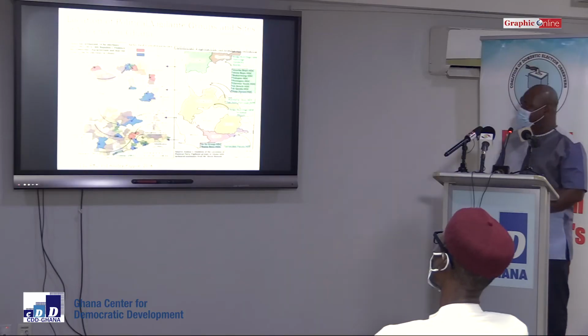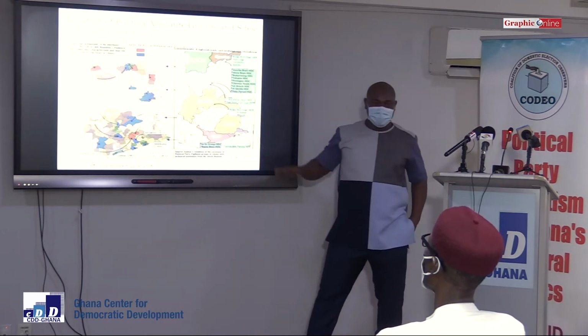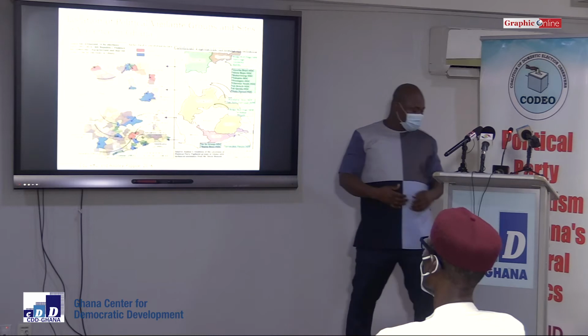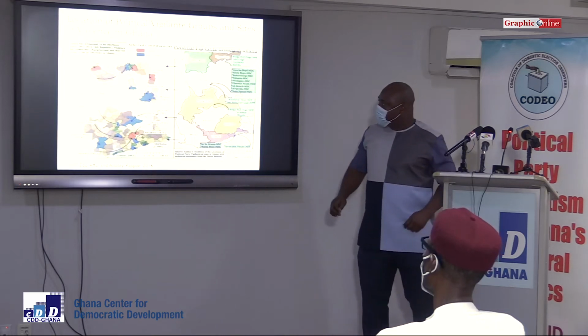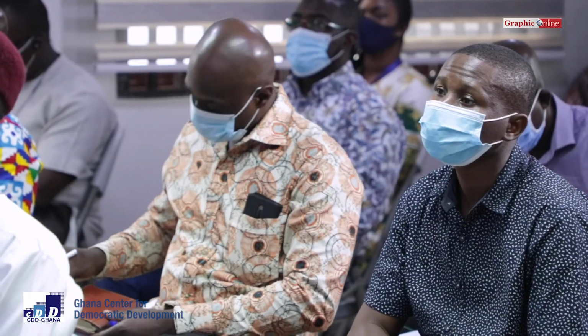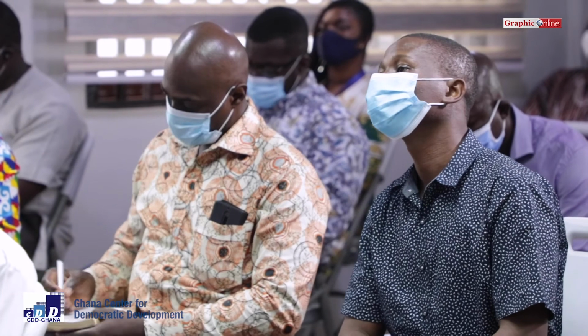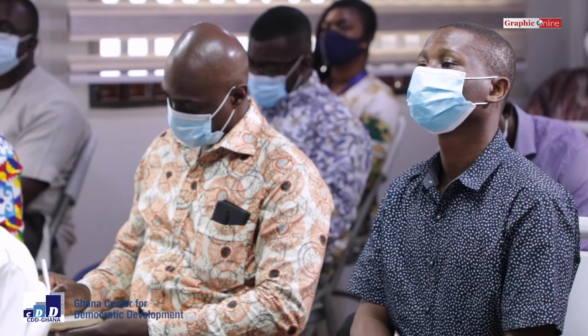This one is showing some of the by-elections that we have run since 1997 or so. The blue area is indicating where there was no violence, and the red indicating where we had violence in those constituencies.